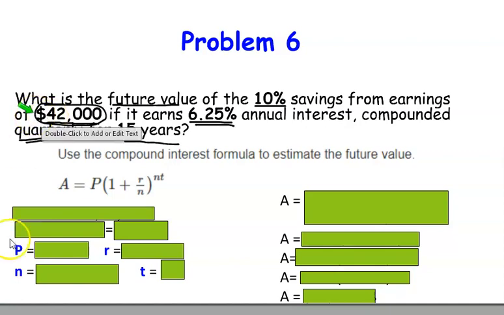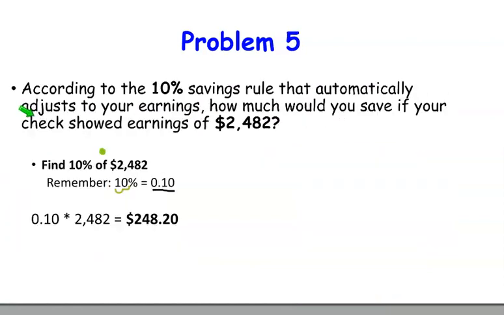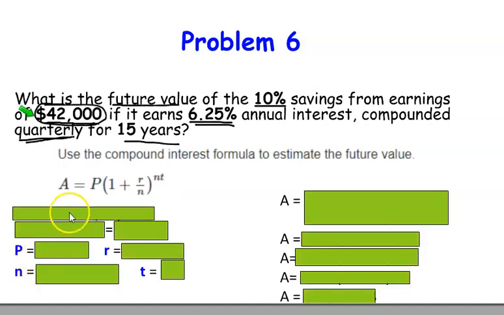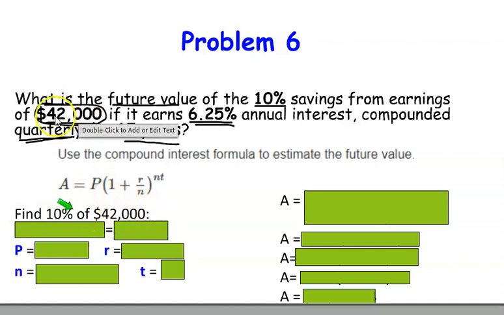So we have a little math to do, just like we did here. And what is that math? 10% of $42,000. Because this is the salary, so to speak, the overall amount, but we're only using 10% of that.